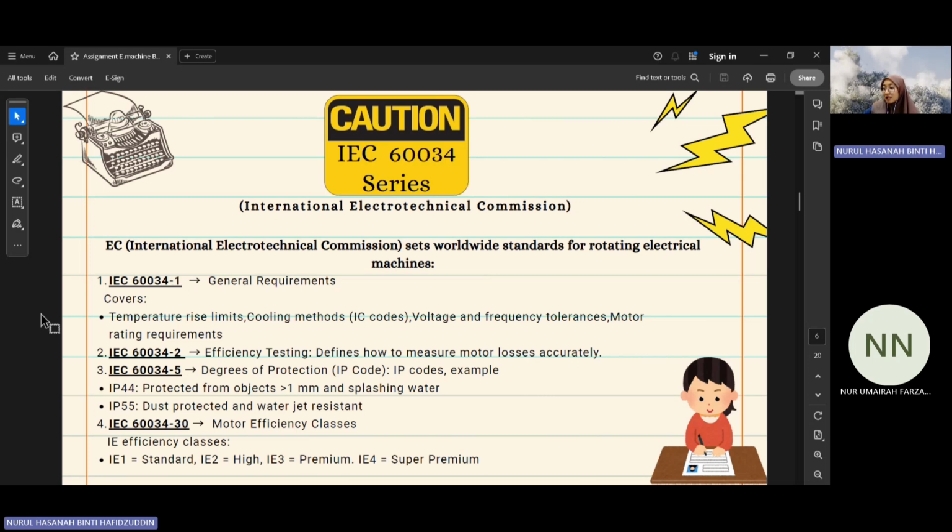Part 30 classifies motor efficiency from IE1 standard up to IE4 super premium. The relevance here is clear. The IEC standards help industries choose energy efficient motors and ensure they can survive the environment they are installed in.